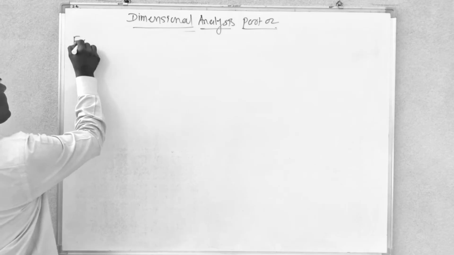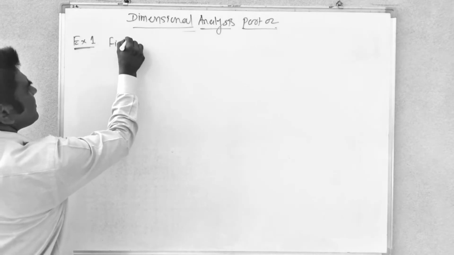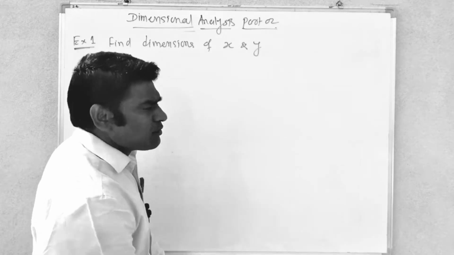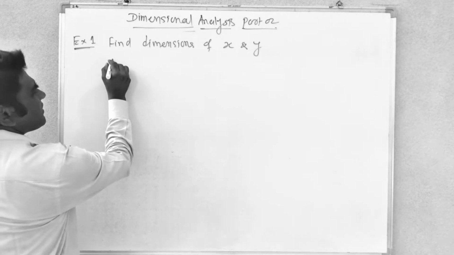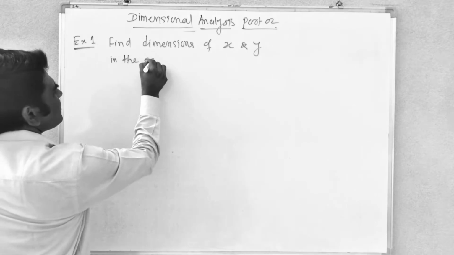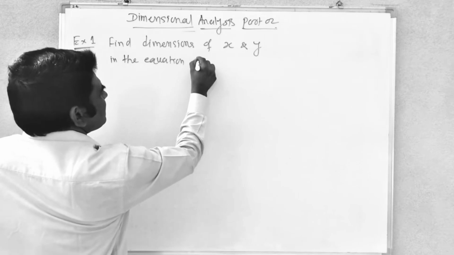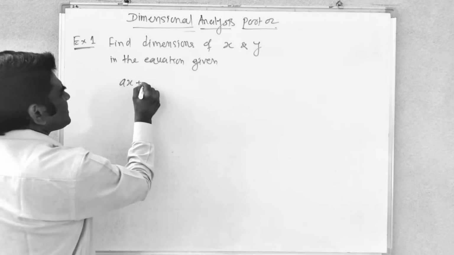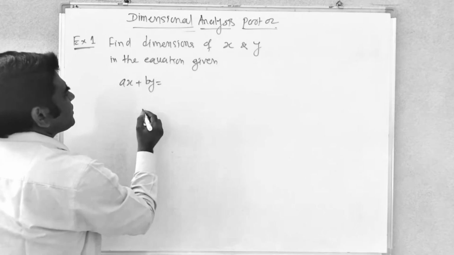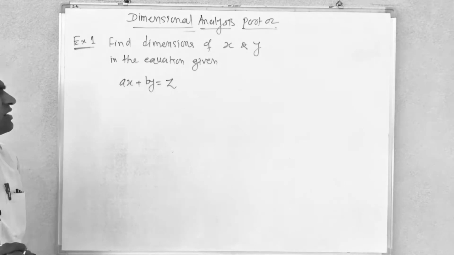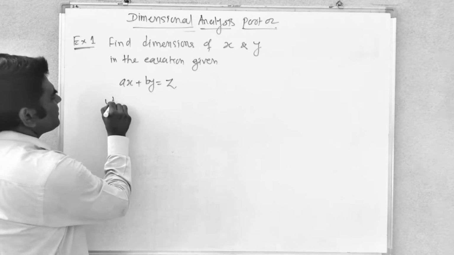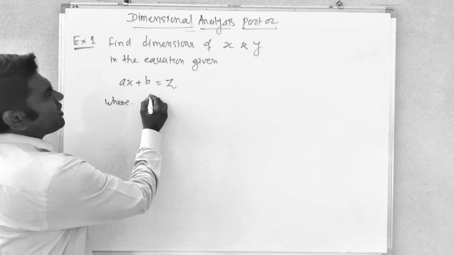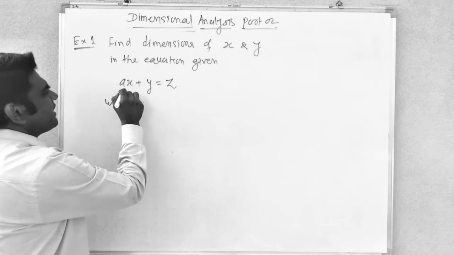Example number 1: find the dimensions of x and y in the given equation. The equation is ax plus y is equal to z.